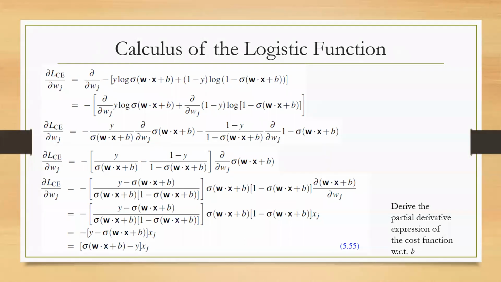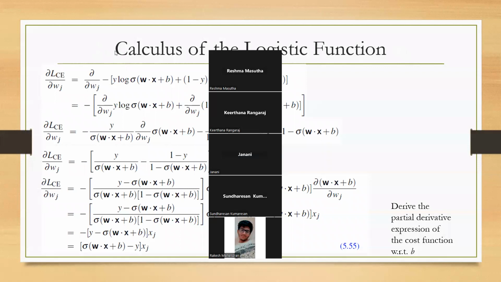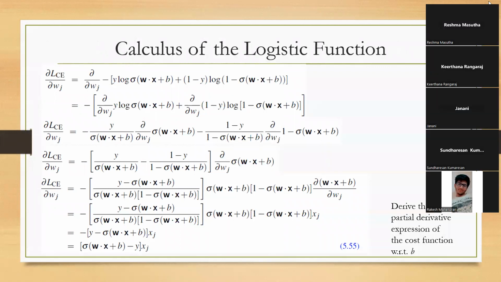How would you do it? I hope you understood the question. I just want the partial derivative to be derived with respect to b instead of wj. So just replace wj with b and see how the partial derivative calculation would work.